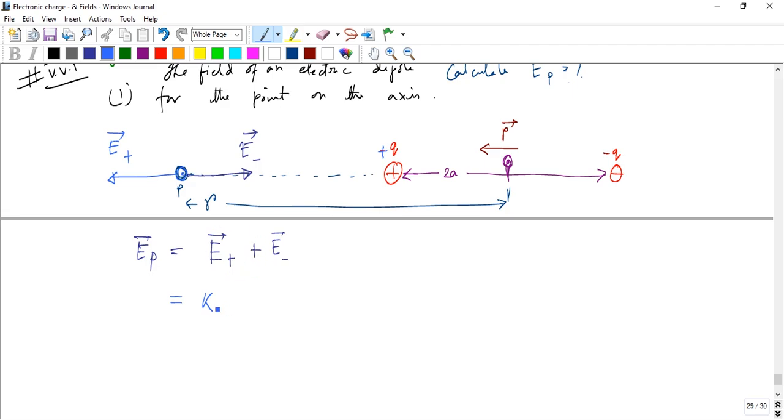So K, and that is plus Q. Ignore the plus or minus sign here, take the modulus value of Q, divided by the separation squared.